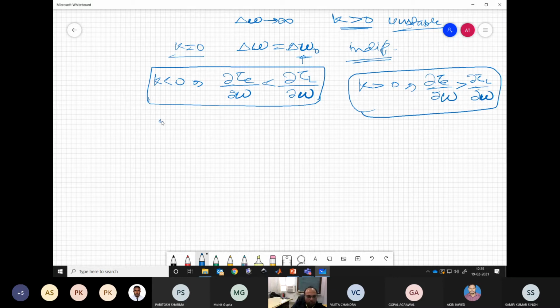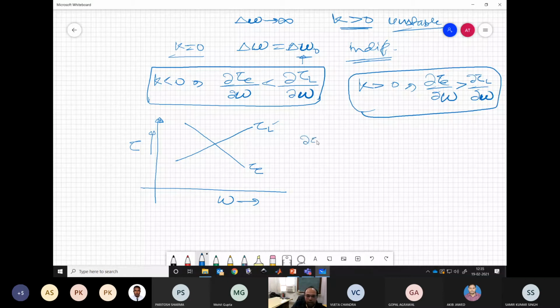So if we visualize graphically how the scenario looks under the stable and unstable conditions, say this is the case where your tau L and tau E are like this. Obviously the tau L slope is positive and tau E slope is negative.